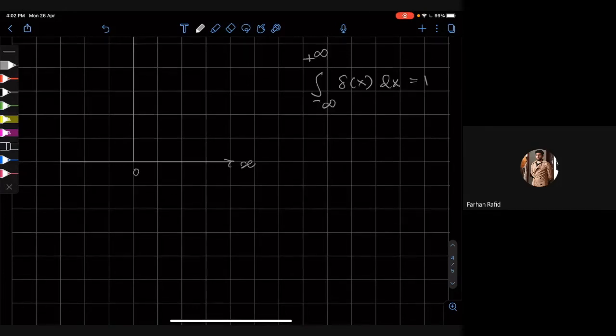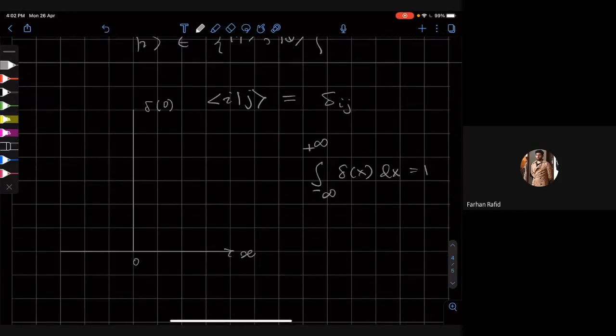There are many ways of defining such a function, and one is the top hat function, where you take a top hat whose height is 1 over epsilon and whose width is epsilon.